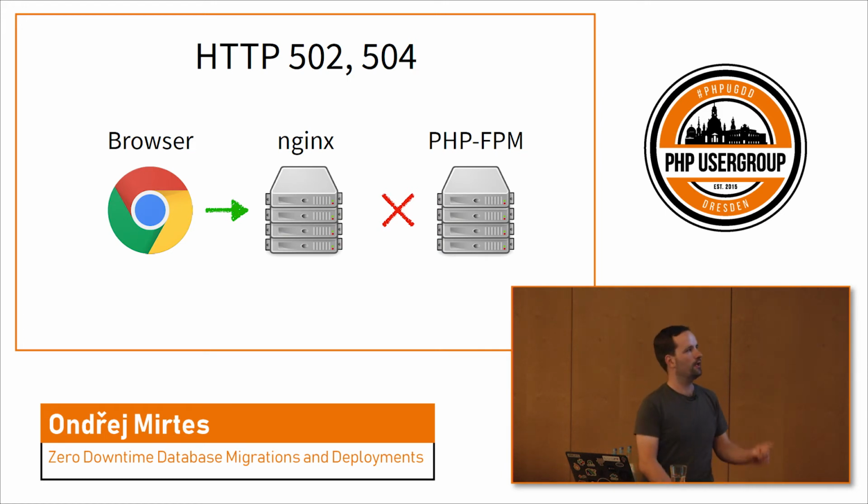And these errors are very common during deployments because of opcache related issues and higher load. So you really should set up logging in these situations on your web server.